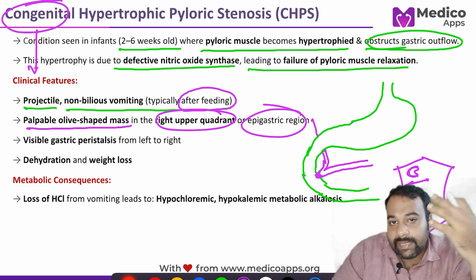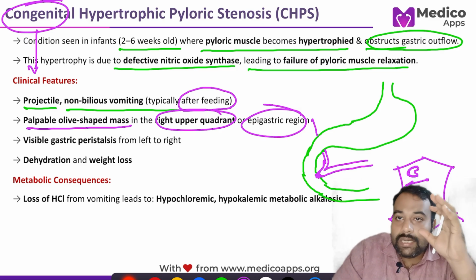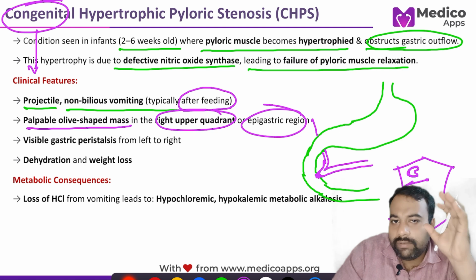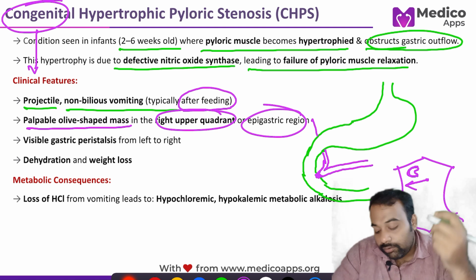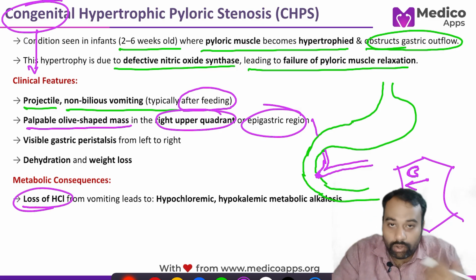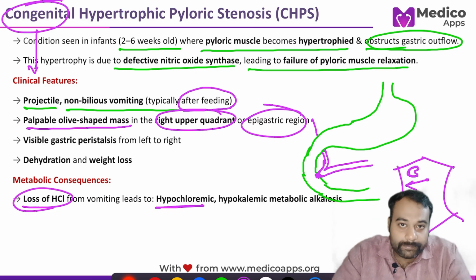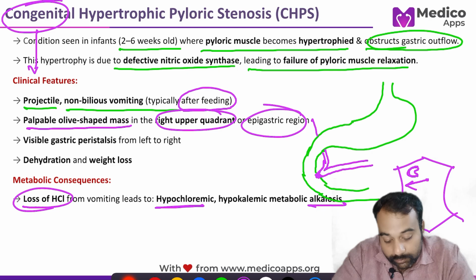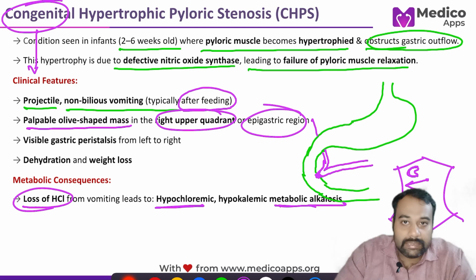As there is an obstruction at the level of the pylorus, the vomitus is mostly acidic stomach content, so a lot of HCl is getting lost. As a result there is hypochloremia, and as there is loss of acid, there is alkalosis. So there is a hypochloremic metabolic alkalosis.